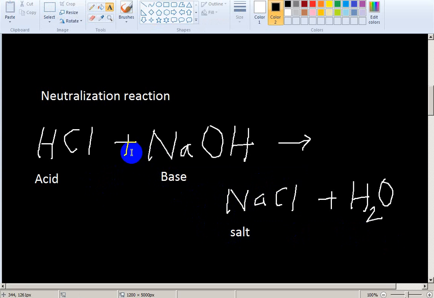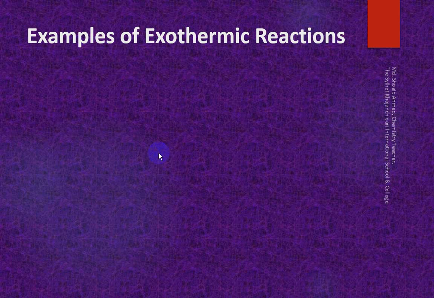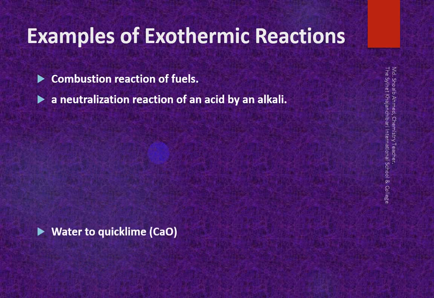All neutralization reactions are exothermic reactions, heat released to the surrounding. If you see acid and alkali or base react, forming salt and water, this is the neutralization reaction. Now the examples of exothermic reactions are finished.